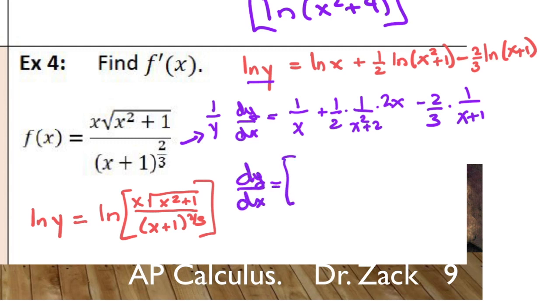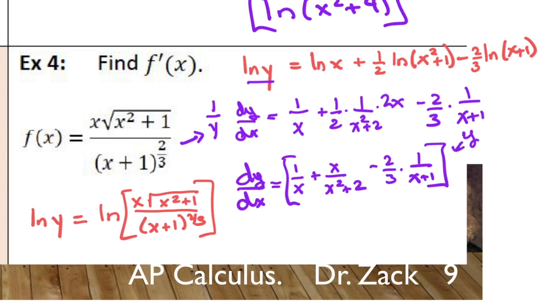So dy/dx is going to be: keep your 1 over x, simplify along the way, x over x squared plus 2, minus your 2/3 times 1 over x plus 1. And when you multiply by that y and place it over here on the left side, you're going to then replace the y with the original function.